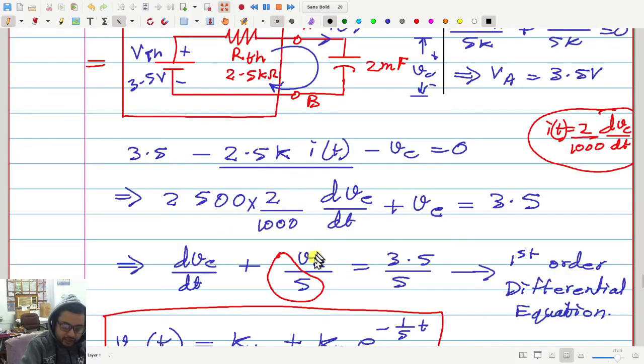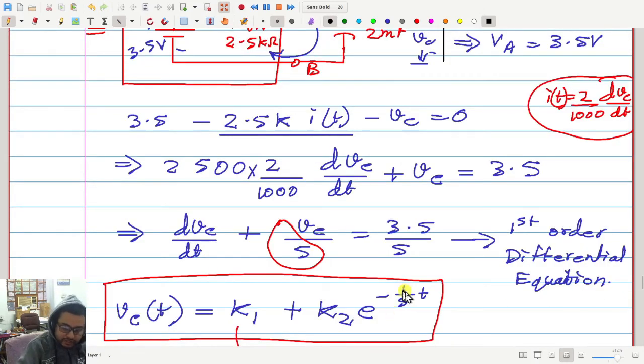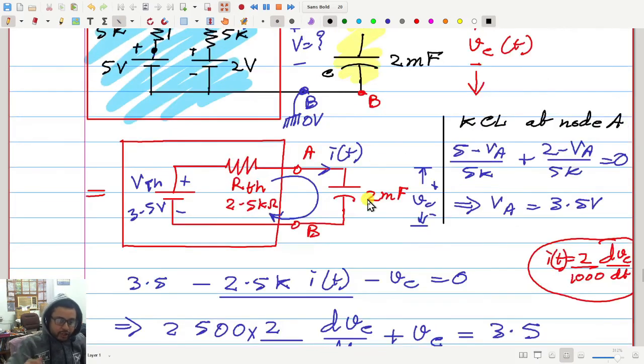Here we found the exponent in this equation using the differential equation, but that is not always required, because from the Thevenin circuit itself you can directly tell the time constant. This Thevenin resistance is 2.5 kilo ohm.